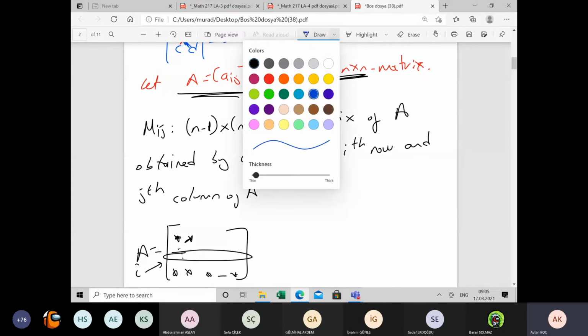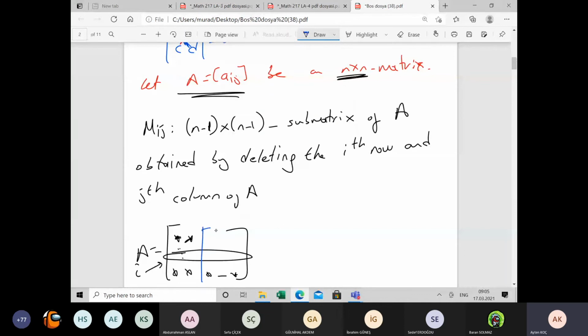This one is column j. It's okay. So delete this column and this row. This one is n by n, so we obtain a new matrix. The dimension of the new matrix is n minus 1 by n minus 1.